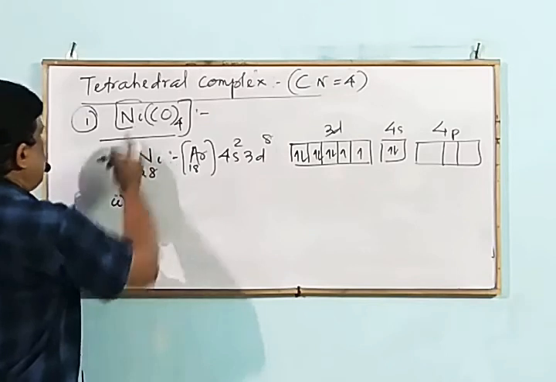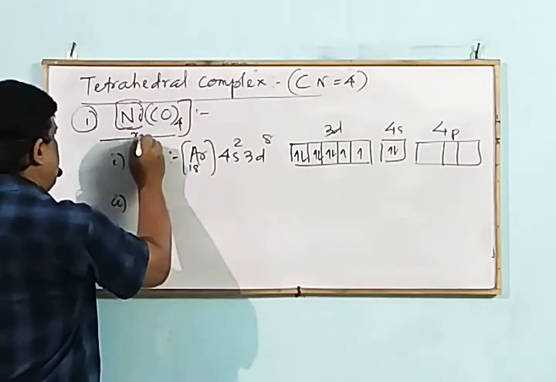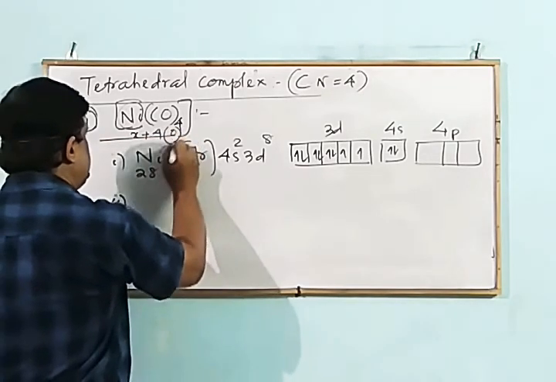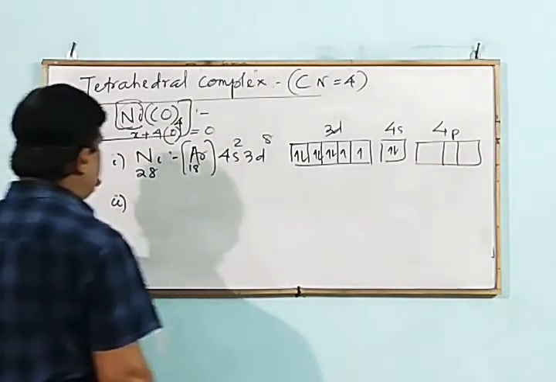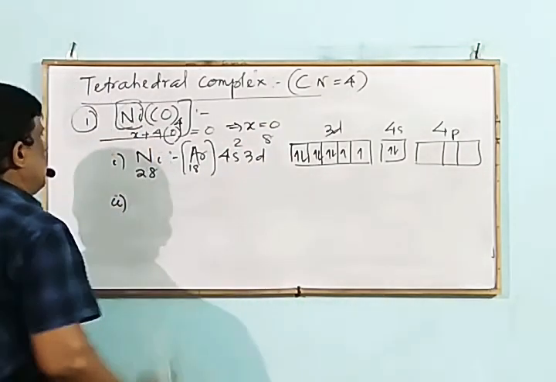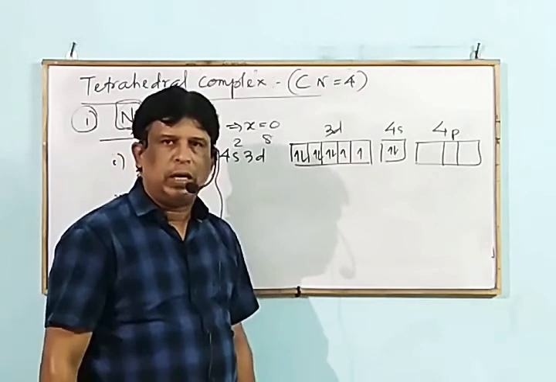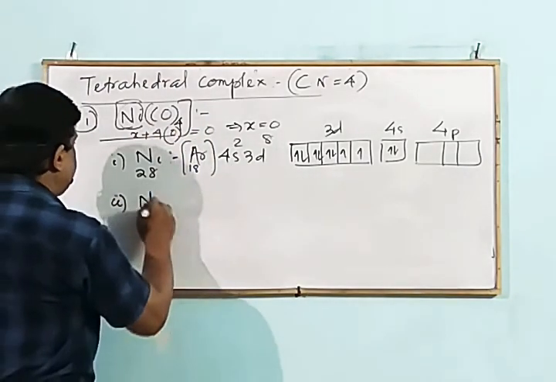From this, we have to calculate the oxidation number of the central metal atom. It is not known, let it be X, plus 4 into carbonyl, neutral, oxidation number 0, as it is a neutral molecule. The sum of the oxidation numbers is 0, which implies that X is equal to 0. That means nickel is in 0 oxidation state. There is no loss of electrons. So mark that. As it is a strong field ligand.